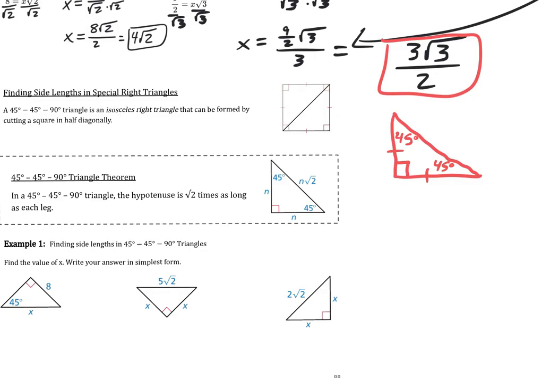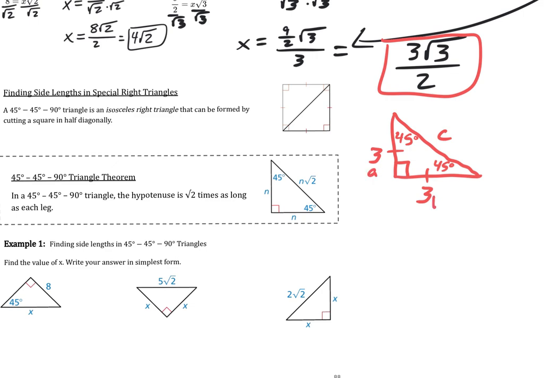Okay, so I'm going to show you an example here with numbers to kind of help it make sense. And I'll show you how we would have done this the last couple of days. But then moving forward, we won't have to do this every time we have a problem like this. So let's start with a number like 3. If this side is 3, then this side is 3. The last couple of days, in order to find the hypotenuse, we would have said that this is C. That's my hypotenuse, right?